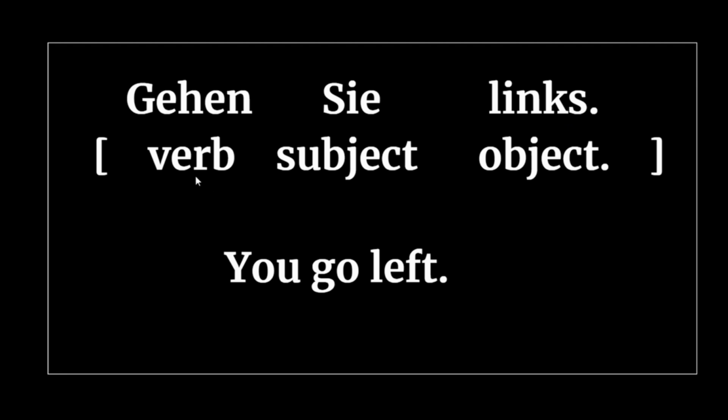If you carefully observe, I have the verb placed in the first position, then the subject is formal Sie, and then in the object's place we have an adjective which is links. So whenever you want to give instruction, in this case you are giving direction to somebody, you use the infinitive form of the verb which is gehen here, because Sie is the subject here.